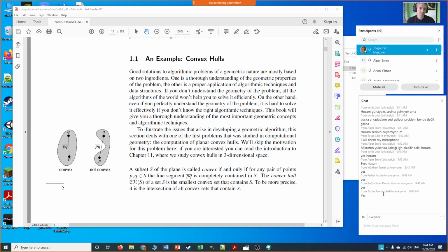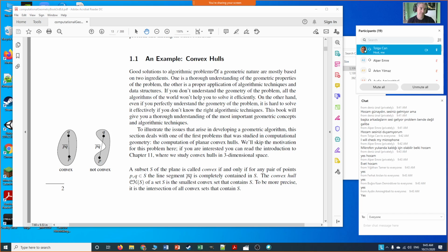so I'm going to finish the geometric preliminaries, and then we are going to start our first geometric problem of convex hulls. The reason that we are going to discuss convex hulls is also to tell you about the style of the book: what we are going to discuss in terms of a geometric problem, not observation of geometric properties only, and the algorithmic and data structure related material that we need to solve these problems.